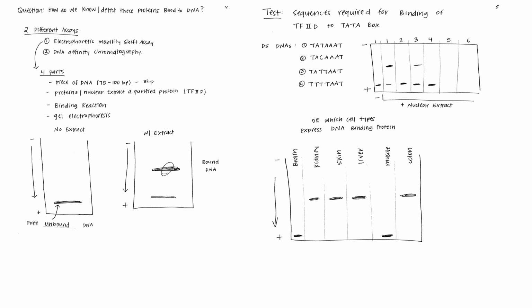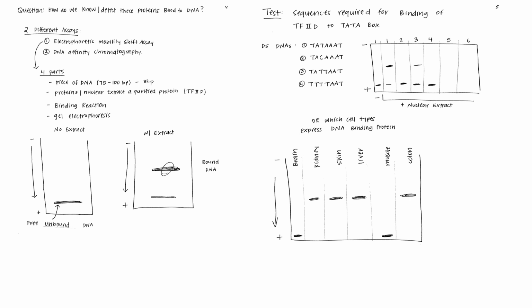And then you'd make nuclear extracts from different tissues: brain, kidney, skin, liver, and so on. Then you would take that nuclear extract, bind it with the DNA, let it incubate, then run the gel. And what you see might be something like this. I just made this up, but that's kind of what it would look like. So you would see no binding in the brain, but binding in kidney, skin, liver, and colon, but not in muscle. So it's a way to identify what tissues a particular DNA binding protein might be in.